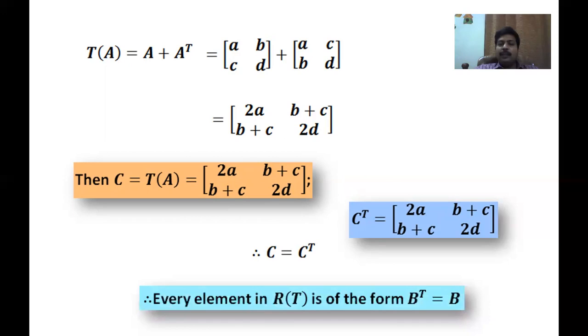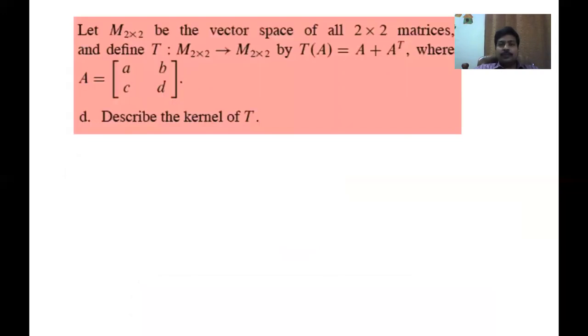Therefore every element in the range of T is of the form B transpose is equal to B. So any vector in the range of T will have this property, B transpose is equal to B. So this problem is also solved.